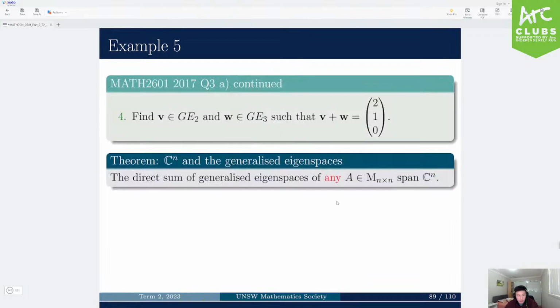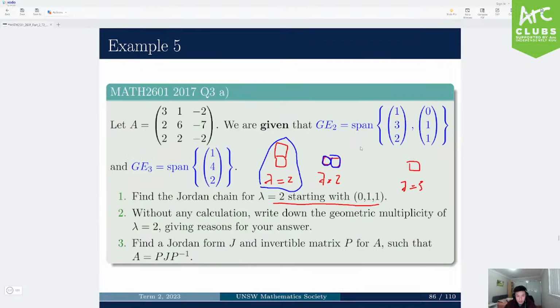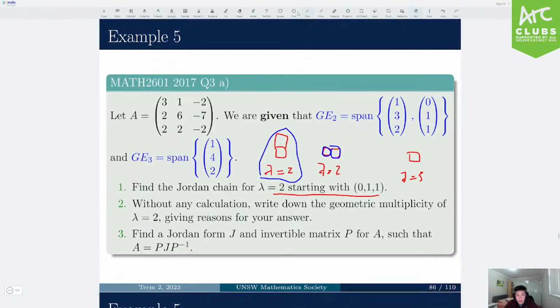Question 4: find a vector v in GE of 2 and a vector w in GE of 3 such that v plus w is 2, 1, 0. If we go back and look at what GE of 3 is, that's a span of 1, 4, 2, and GE of 2 is the span of these two vectors.